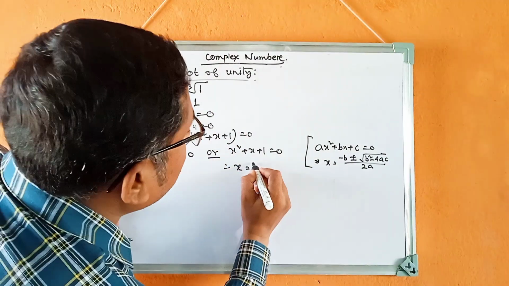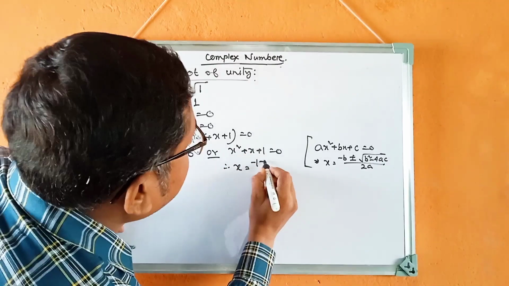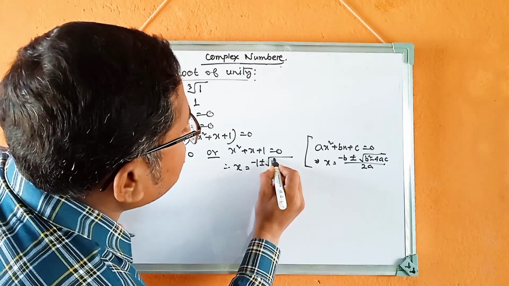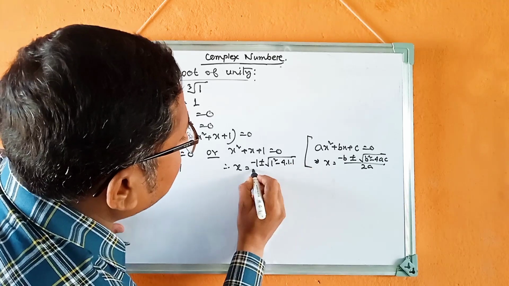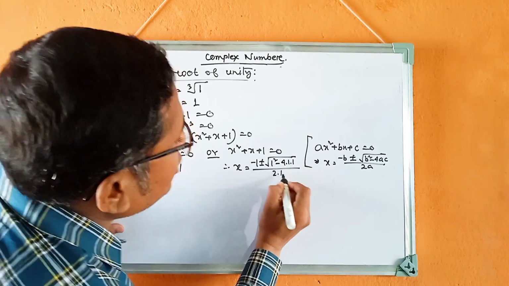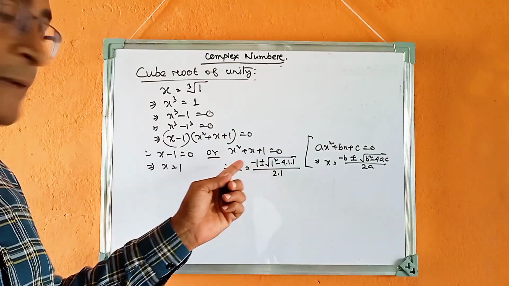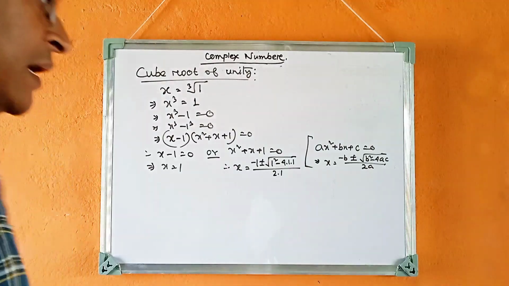So x equal to minus 1. Minus b means the coefficient of x, that is minus 1. Then we write plus minus root over b square, that is 1 whole square, minus 4 into a into c, that is 1. Both are 1. Divided by 2 into 1. Because the coefficient of x square is 1, the coefficient of x is also 1, and the constant term is also 1.